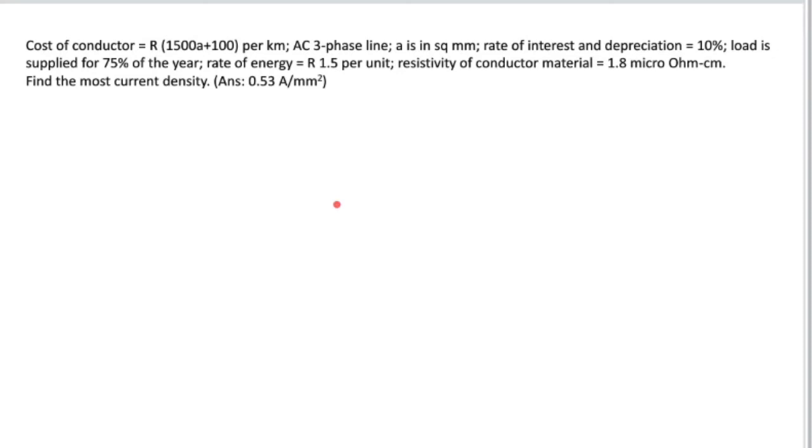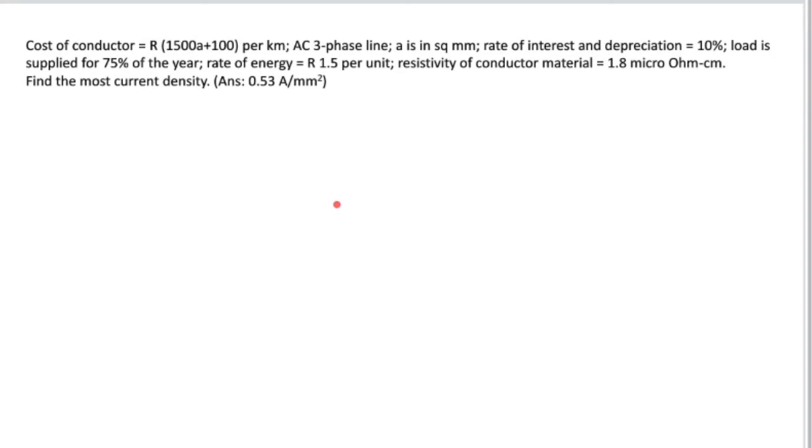Is that okay? You can try it at home choosing L kilometer, or you can try it now as well. It won't make any difference. If you choose L kilometer, the cost of interest and depreciation will be rand 150A plus 100 times L times 0.1, where 0.1 is 14%.